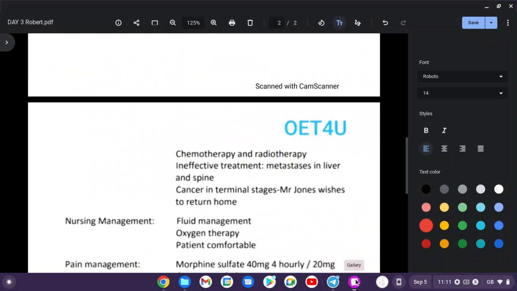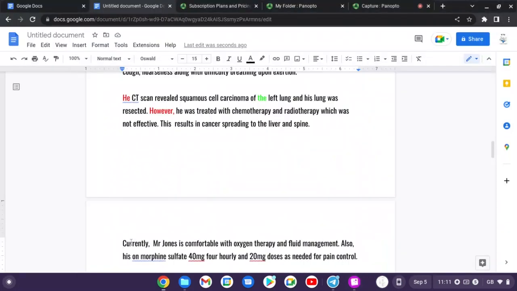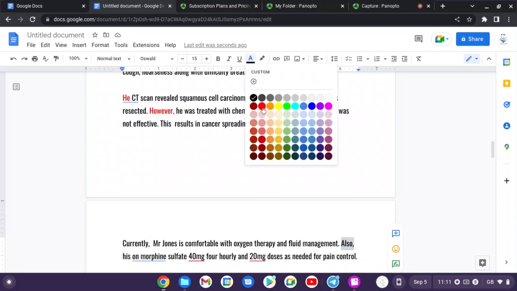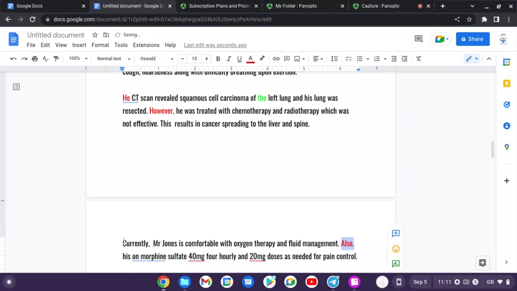You can't write currently, because you can write, during hospitalization Mr. John is treated with oxygen therapy and fluid management, and he is on, better to avoid also. Avoid also in your letter, and again currently is not correct in this instance.